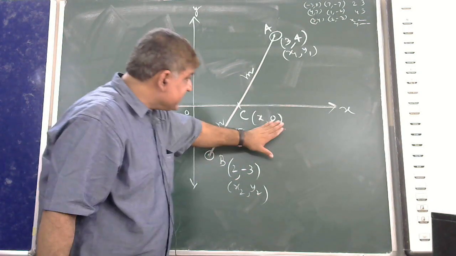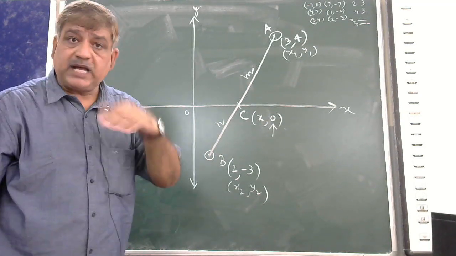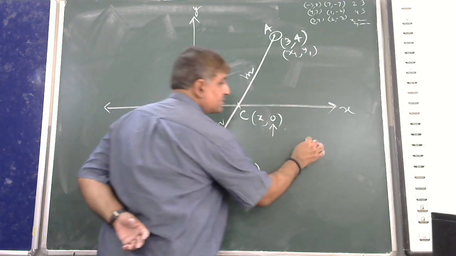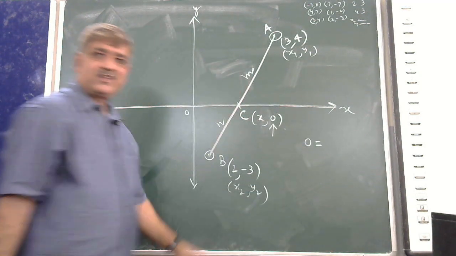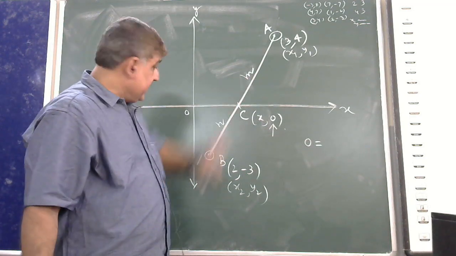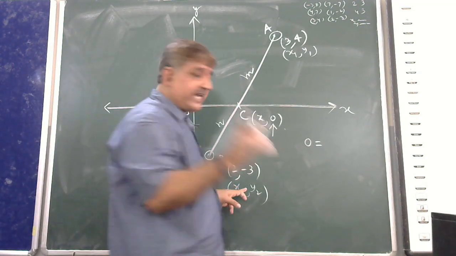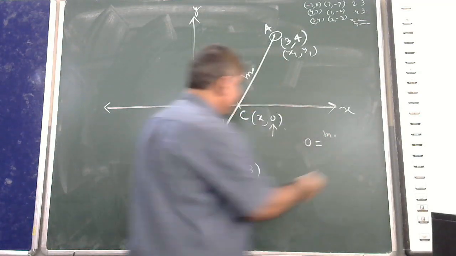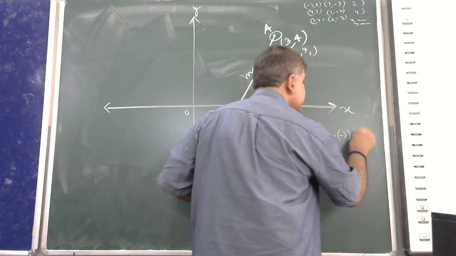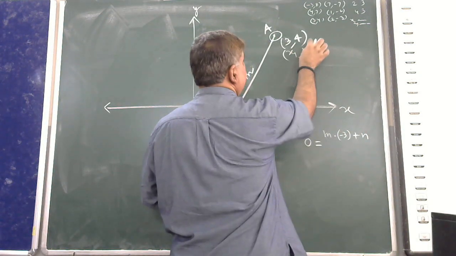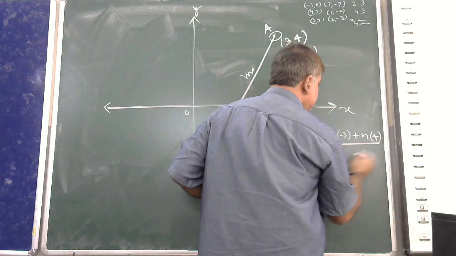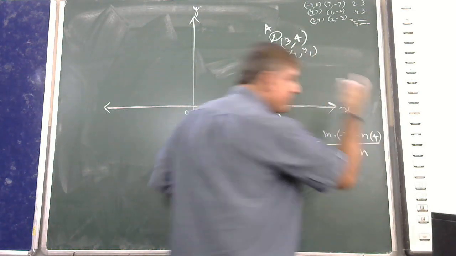So if we take the second formula, that is the formula for the y-coordinate, we can apply it here, and we will get 0 is equal to m into the value of y2, you can write minus 3, plus n into the value of y1, you can write 4, divided by m plus n.